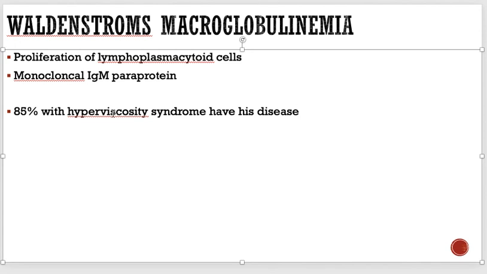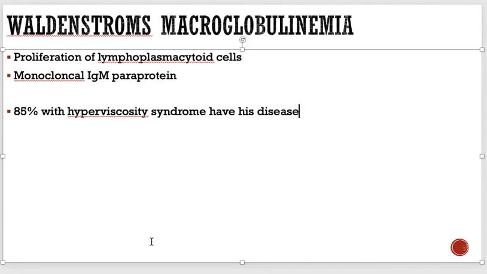Think about this, guys. 85% of patients who have hyperviscosity syndrome have basically Waldenstrom's macroglobulinemia. Okay.